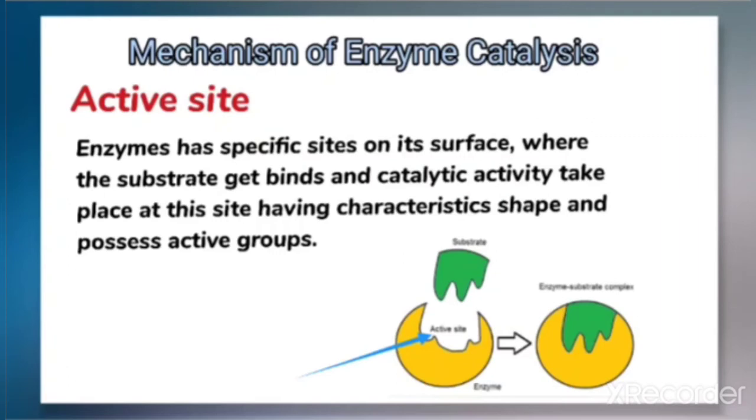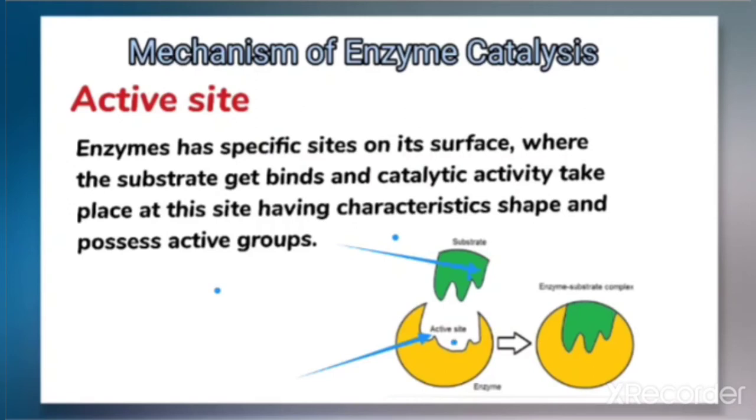That site is called the active site, which has a characteristic shape and possesses some active groups like amino group, acidic group, OH group, etc. Whatever the substrate, that means the reactant, when it approaches the enzyme, it binds on this site.